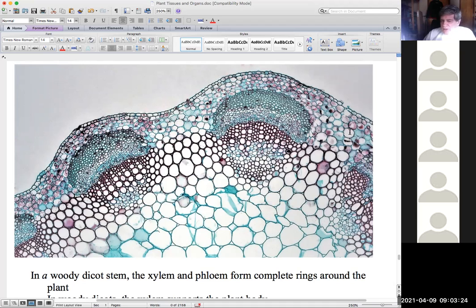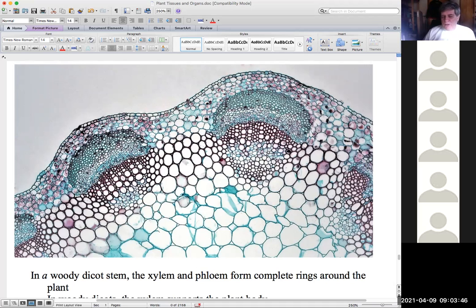Now, out around these epidermis cells, we have some ground tissue. Here, the ground tissue is mostly parenchyma cells. But if we look at some herbaceous dicots, we do find some collenchyma here too, so we want to keep that in mind.